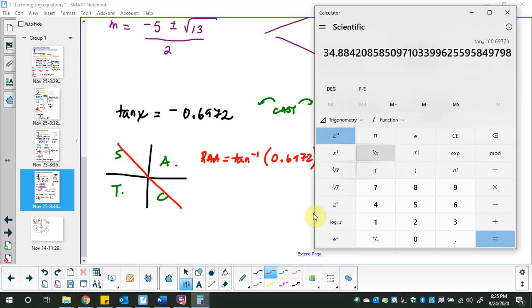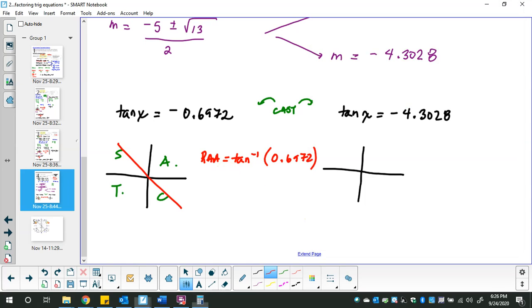So to one decimal place for degrees, that's 34.9. And remember, this is not your answer. This is your RAA. So we're going to need to figure out this rotation, which is 180 minus 34.9 degrees. And we're going to have to figure out this rotation, which is 360 minus 34.9 degrees.